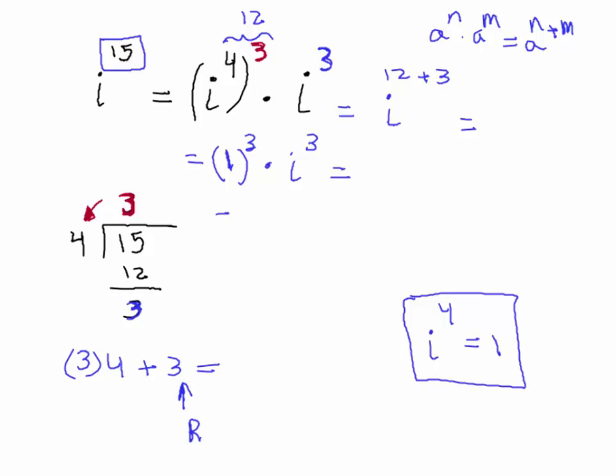So here would be just 1. 1 times i cubed. So the answer would be i cubed, right? But what is i cubed? i cubed is i squared times i. i squared we already established is equal to minus 1. So this would be minus 1 times i. So this whole thing would be equal to minus i. So this is equal to minus i.